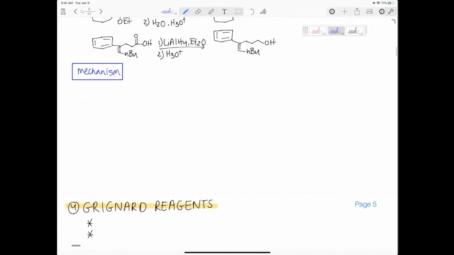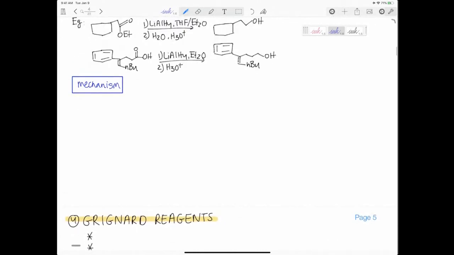Okay. The mechanism is somewhat similar to sodium borohydride as well, but instead of using boron, we are using aluminum this time. And I'm going to show you an example of this.